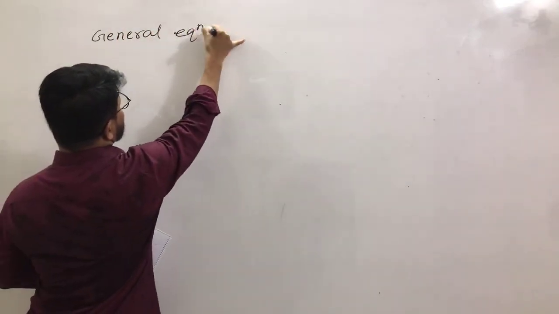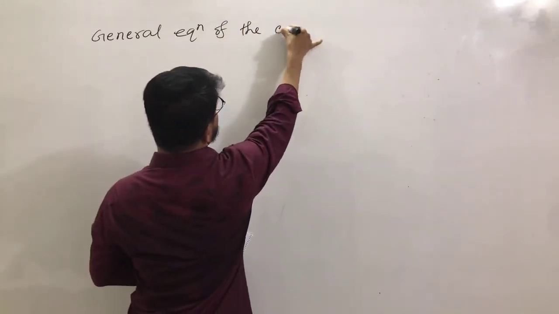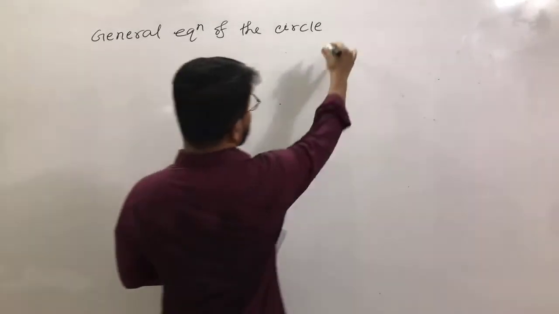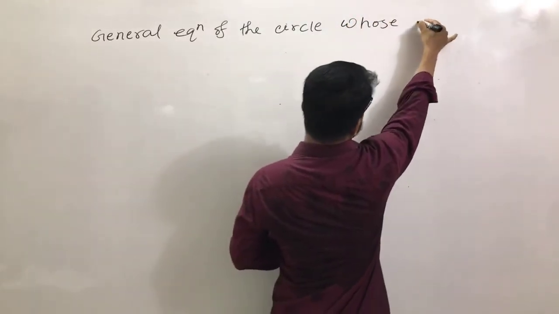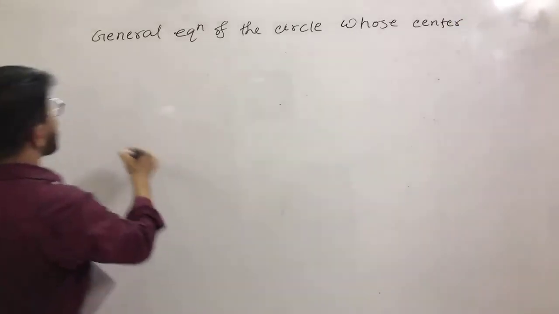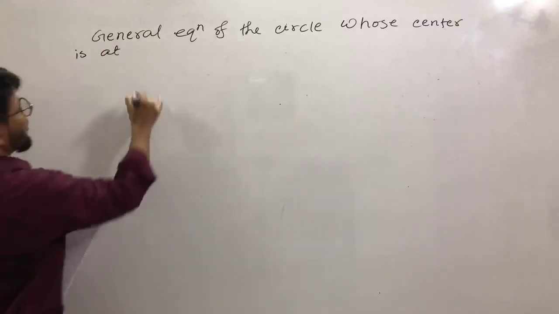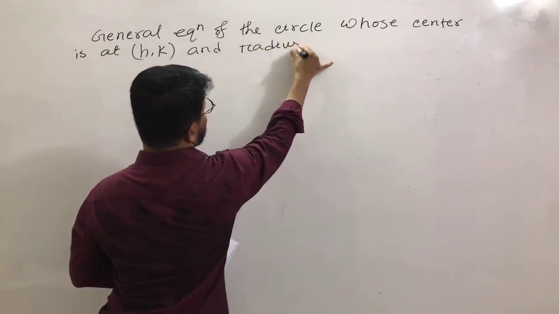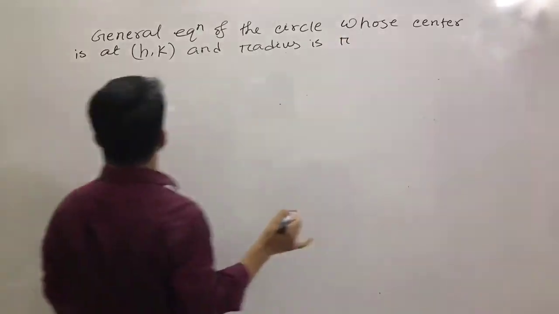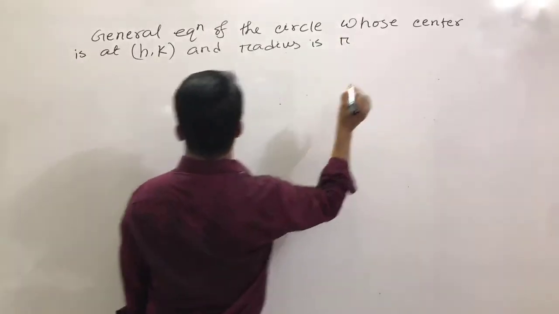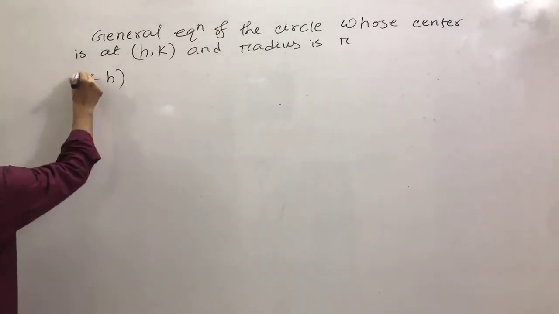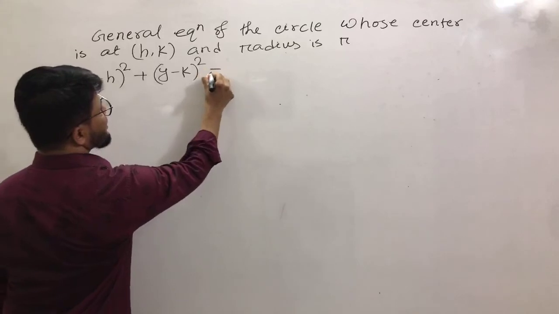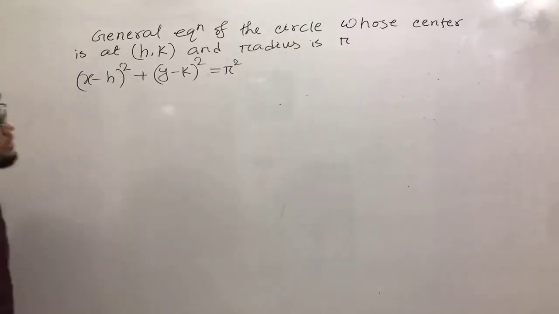General equation of the circle whose center is at (h, k) and radius is r: (x minus h) whole square plus (y minus k) whole square is equal to r square. Already we have done this maths.